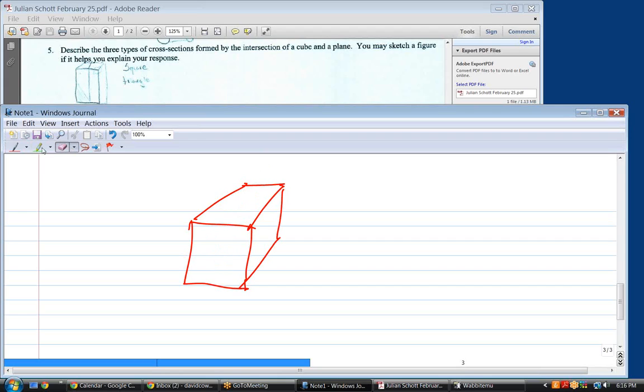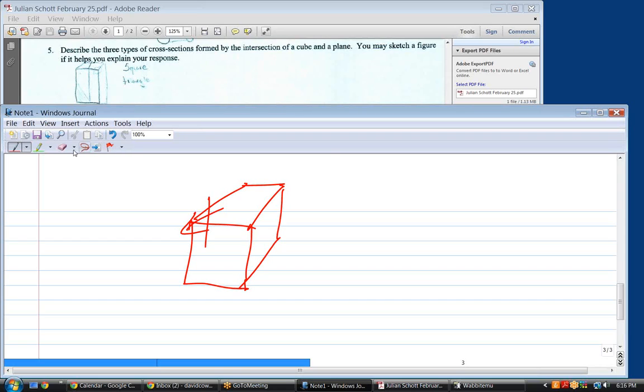How do you get a triangle? You cut the corner. You slice it at an angle like that in that direction. In other words, if you were to slice a corner off of the piece of cheese, you'd be looking at a triangle.